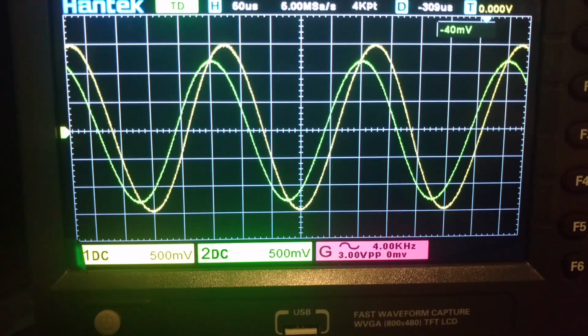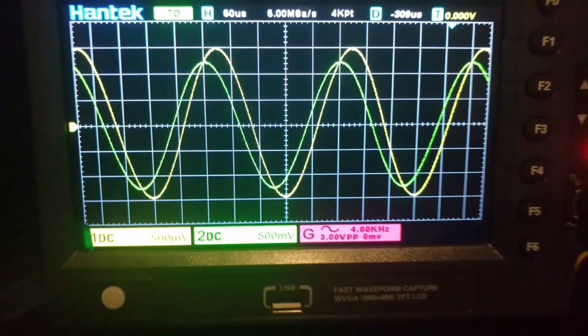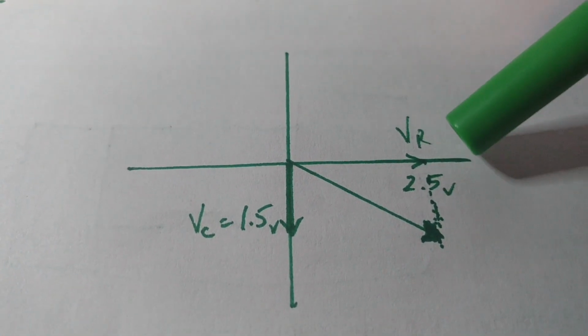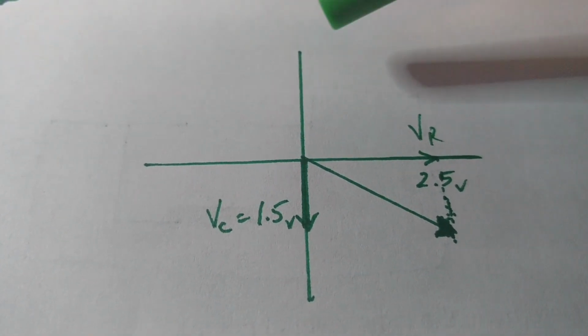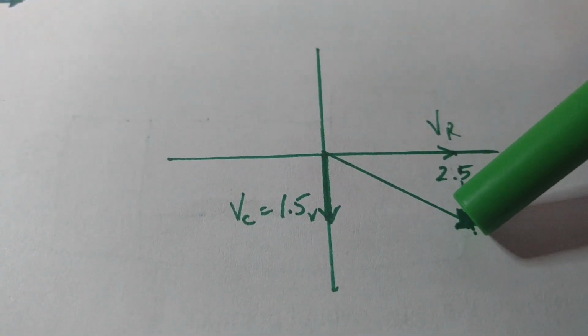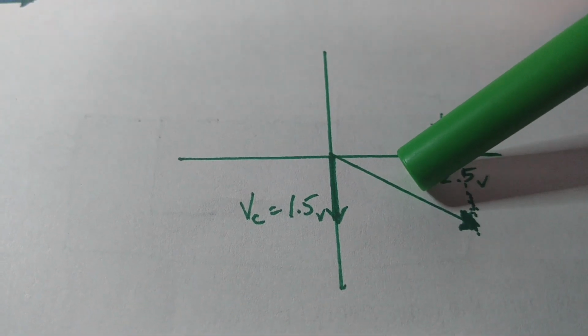So I'm going to line this back up again with their centers. And let me show you here on the vector diagram, I've represented that for VR as 2.5 volts going towards the right here. You can calculate a resultant vector here using the Pythagorean theorem. But right now I'm interested in finding out this angle here.